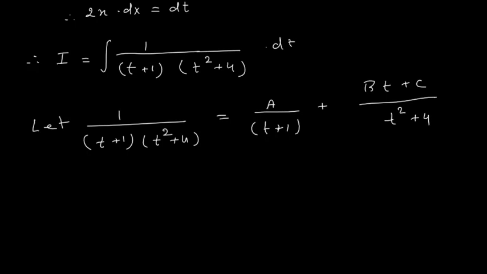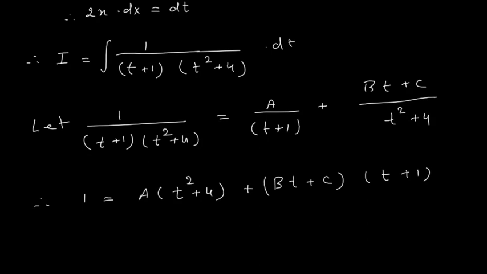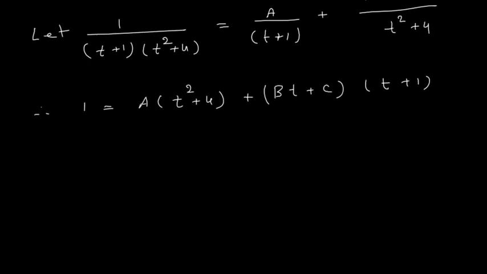Now here I am going to use another way to find the values of a, b, c. So here it is 1 equal to a into t square plus 4 plus bt plus c times t plus 1.